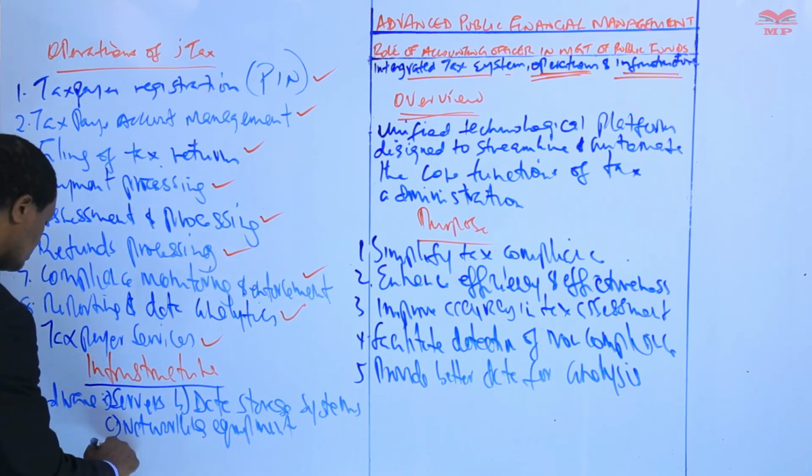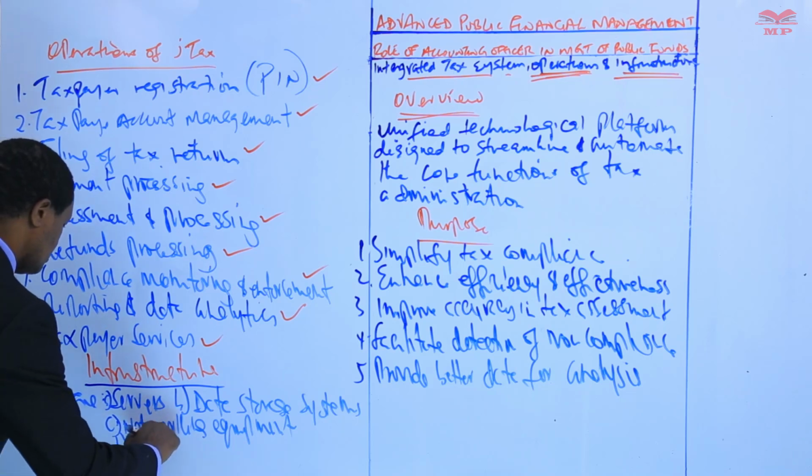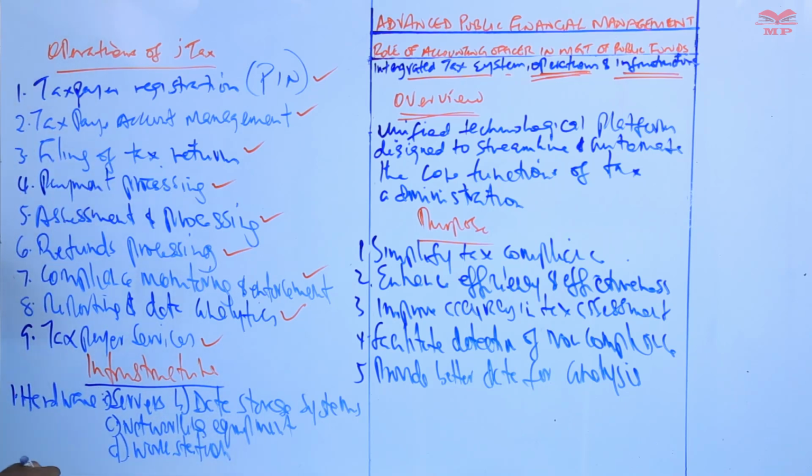Workstations are part of hardware. Workstations and peripherals include computers, printers, scanners, and other peripherals for tax authority staff. So the first part of infrastructure is hardware.